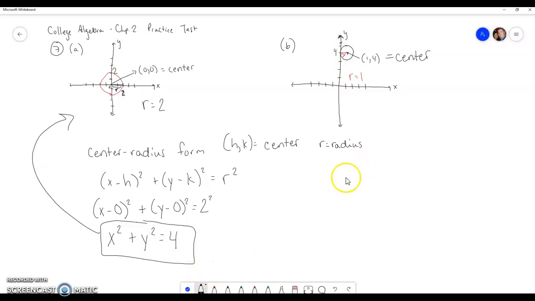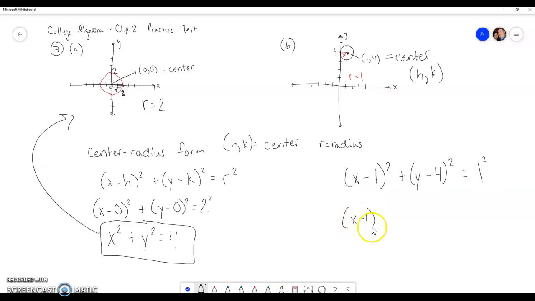So I'm going to use my center radius form again. The center is (h, k), so I have (x minus my h, which is 1) squared, plus (y minus my k, which is 4) squared, equals my r squared, which is just 1 squared.